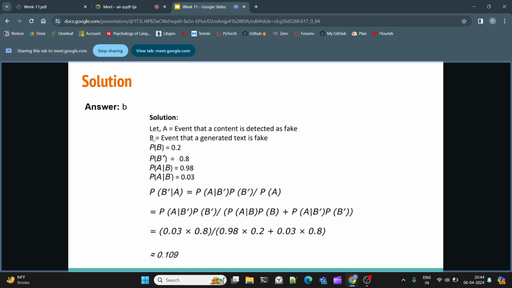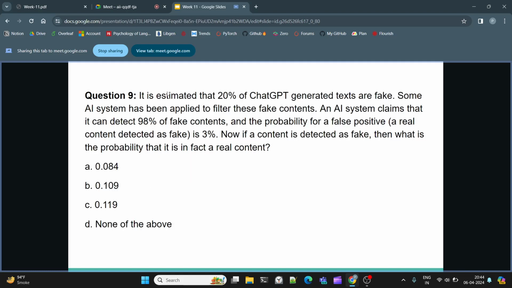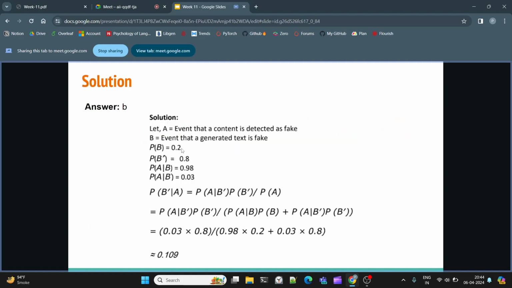So event A is the event that a content is detected as fake. B is the event that a generated text is fake. So what would be the probability of B? It's 0.2. It is given that 20% of ChatGPT generated texts are fake, so probability of B would be 0.2.